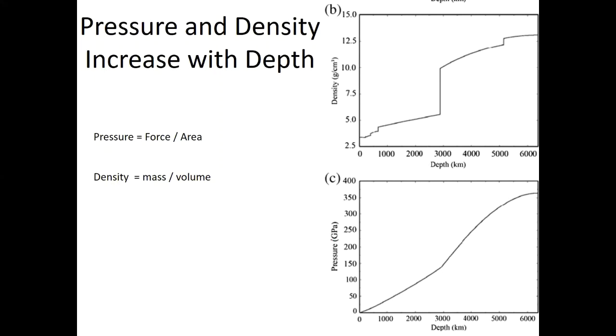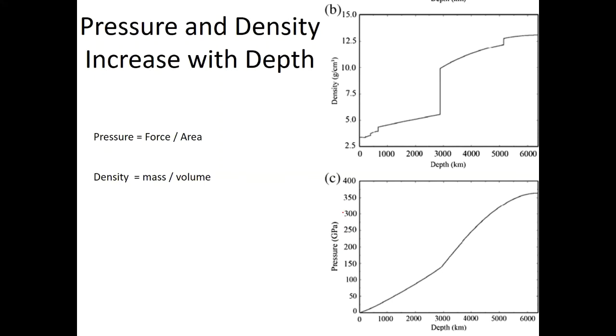A gigapascal is 1 billion pascals. And to give you a sense, atmospheric pressure is, I think, 101,000 pascals, so about 0.1 megapascals.